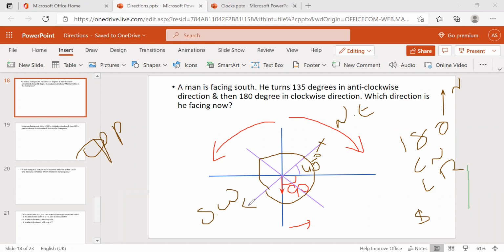It is exactly the opposite direction. We get exactly the same position, from this side and from this side. Next problem we'll see.